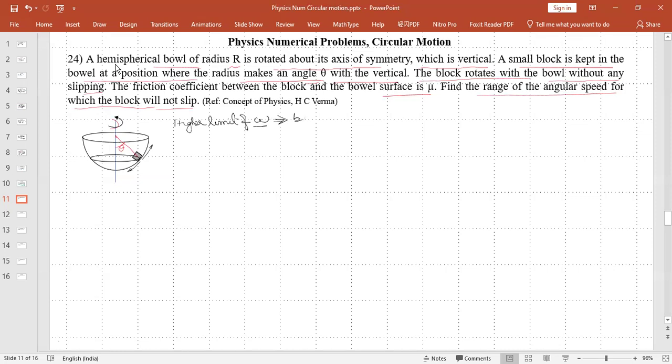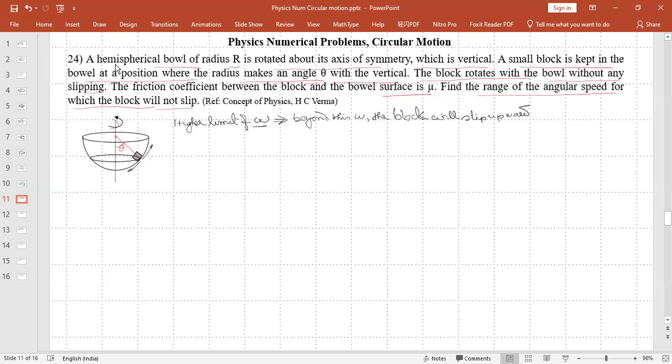So we write here for understanding: beyond this omega, the block slips upward.